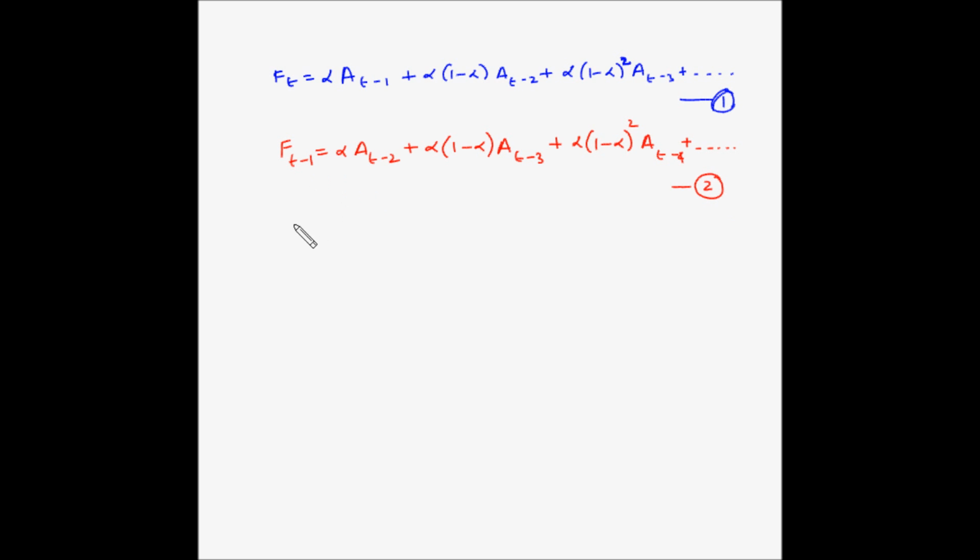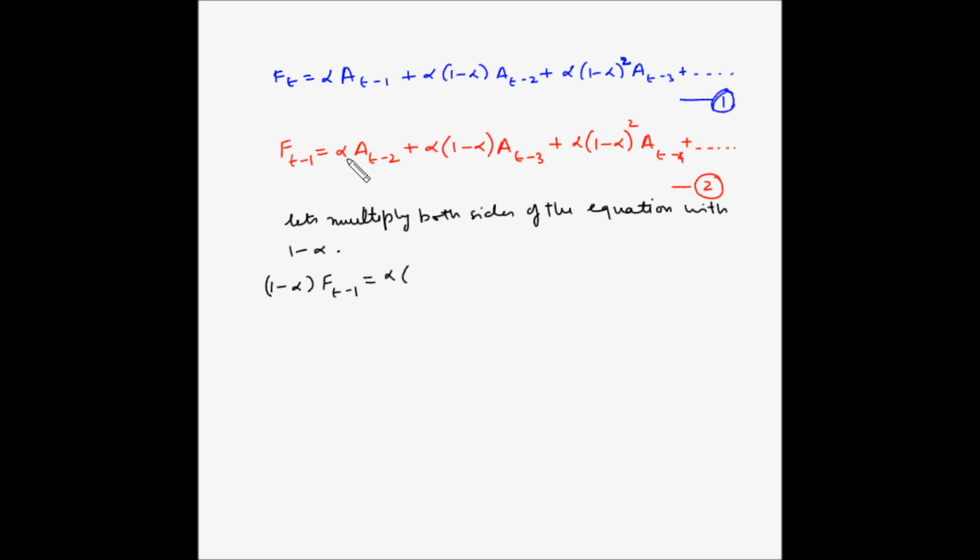Now to equation number 2, let's multiply both sides of the equation with 1 minus alpha. So then what we'll get is (1 minus alpha) multiplied by f(t minus 1) is equal to alpha.